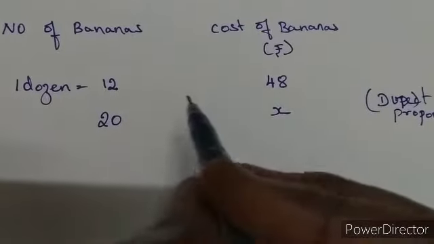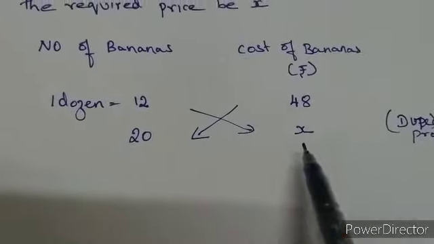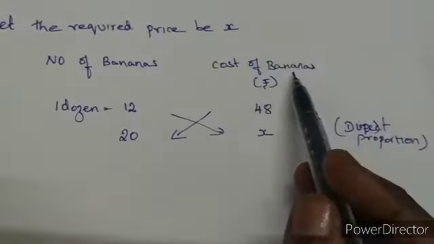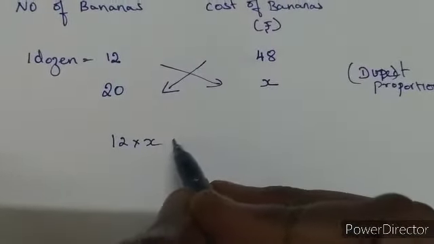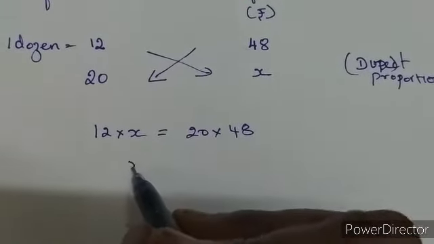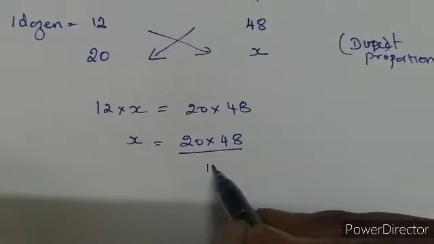Now we can do the cross multiplication to find the value of x. x means the cost of bananas. Now 12 into x is equal to 20 into 48. Now x equals 20 into 48 divided by 12.